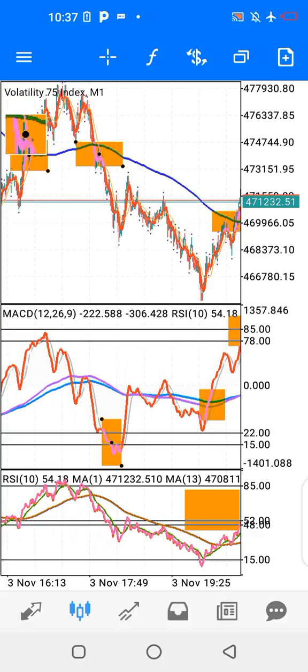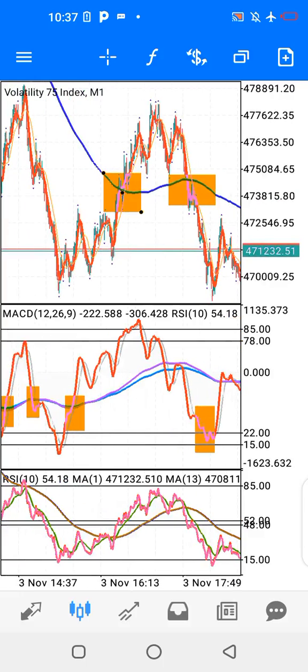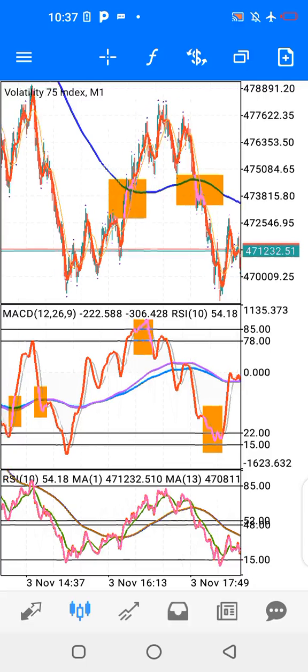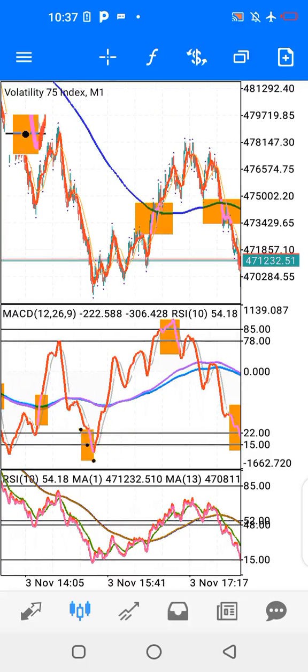Okay, so like you have a resistance here. Okay, and you can see what happened. Price formed a resistance on the main chart. Okay, this is another level where you have support. You can see what happened. Price created like a bottom around here.